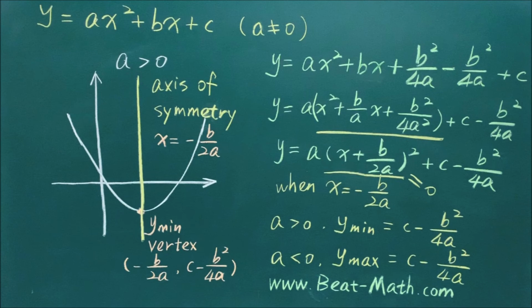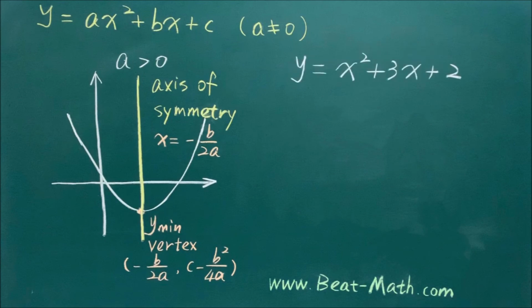Okay, now that we've finished learning the basic concepts of the quadratic function, let's look at an example together to better understand the concept. y equals x squared plus 3x plus 2. What is the vertex and the axis of symmetry of this function? Here a equals 1, so we know the parabola opens upward and has a minimum value. To get the value of the vertex, we just plug the values of a, b, and c in: negative b divided by 2a and c minus b squared divided by 4a.